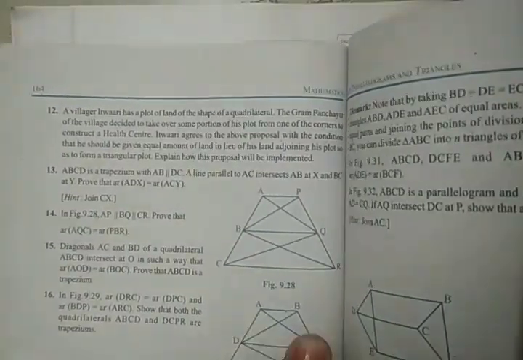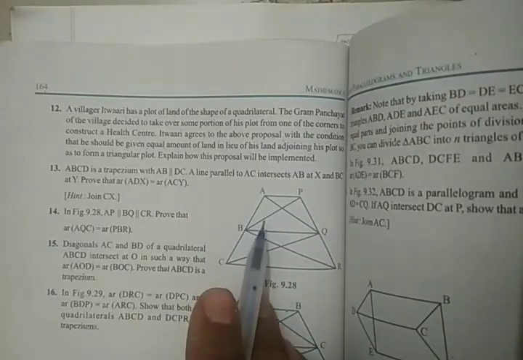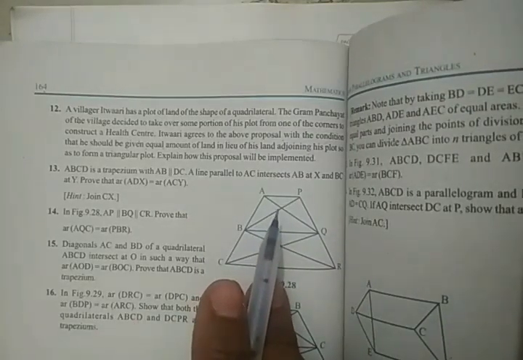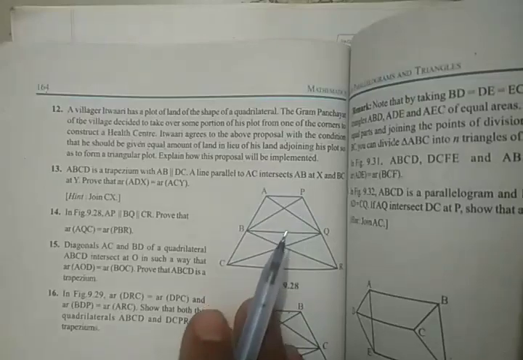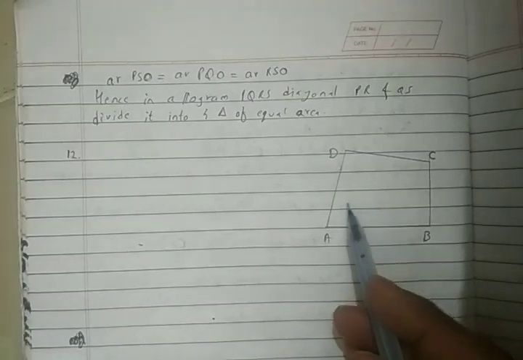First of all, let ABCD be a quadrilateral of Itwari's plot. So now what we will have to do?